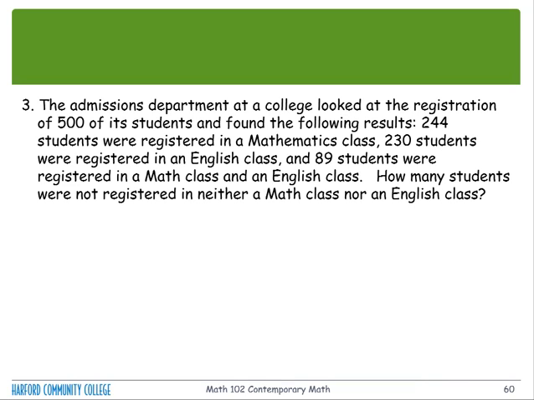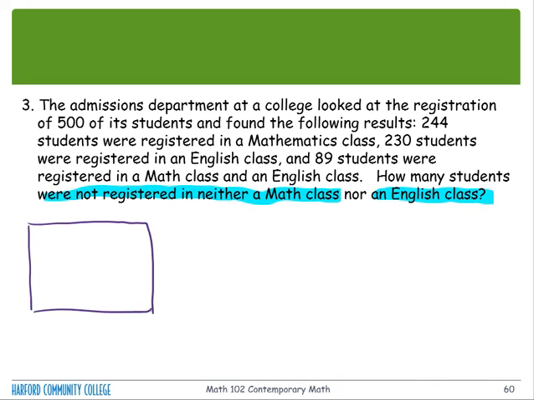How many students were registered in neither a math class nor an English class? In this case, we construct a diagram with a rectangle to represent the universal set, and two sets representing the two subjects.